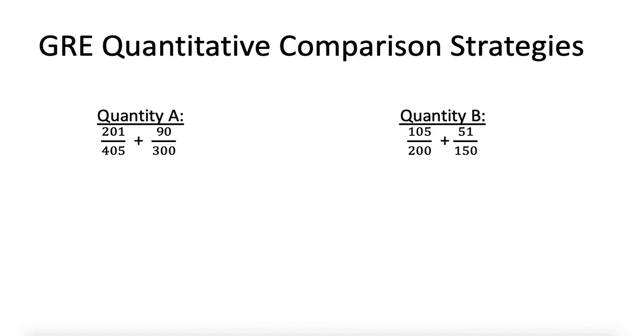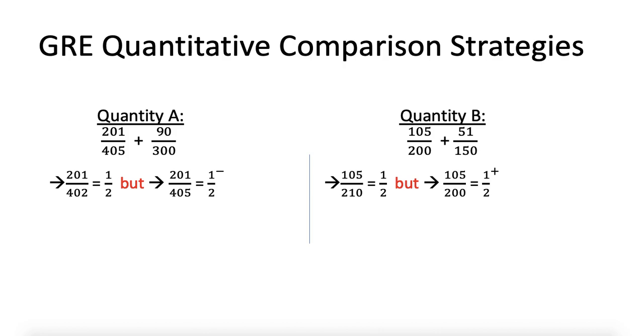And instead of using the calculator for this question, let's think a bit, since you need to approximate values. If you see closely, in quantity A you have 201 over 405, but instead of 405, if I have 402, I can have 1 over a half value.